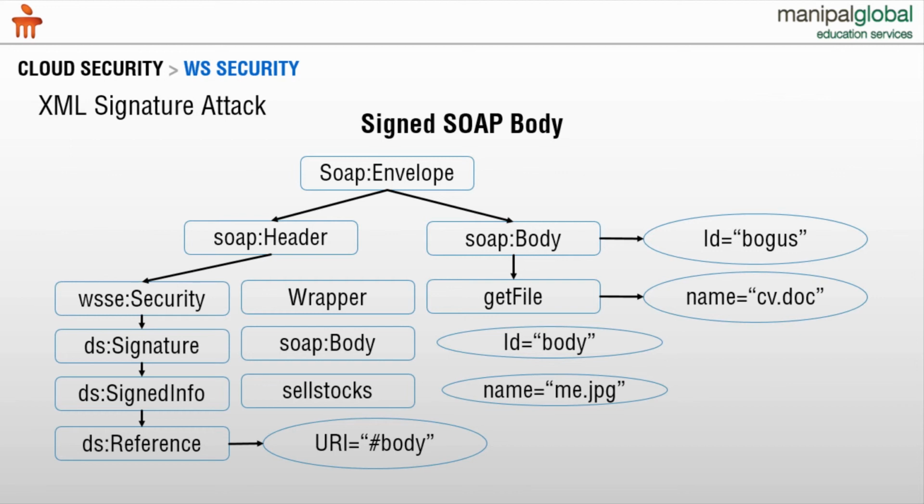But what the hacker has done is add an additional identifier in the existing SOAP body called bogus, and it has also asked the SOAP component to obtain a file called cv.doc, and this information has been attached with the get file. Now, this type of attack is called an XML signature attack. As a result of this attack, this particular file called cv.doc can also be obtained from the existing source wherever this information travels in the XML format.